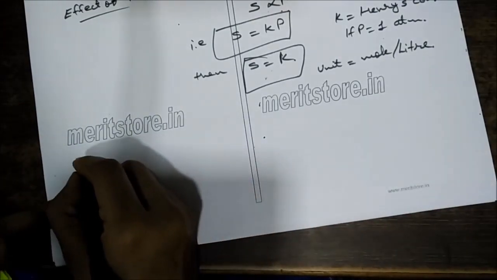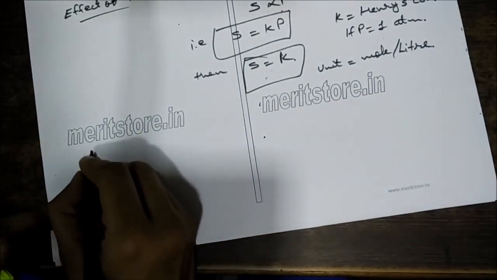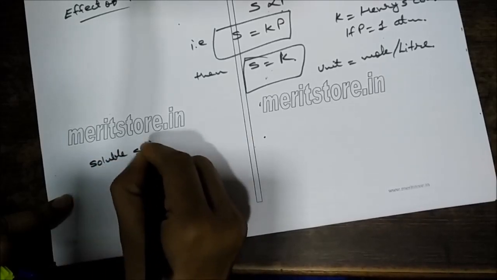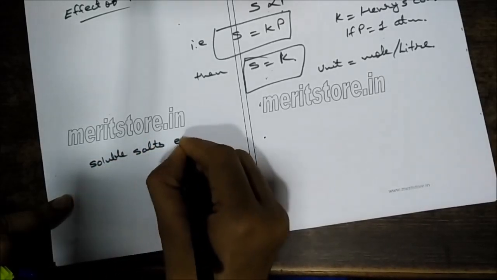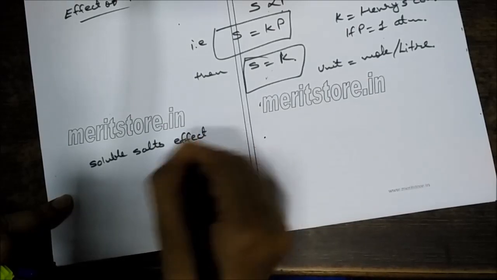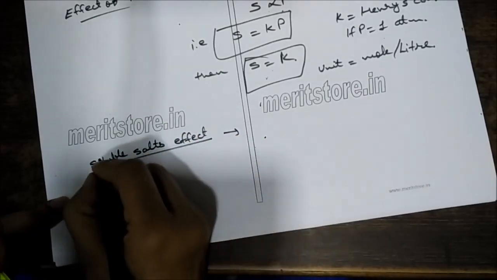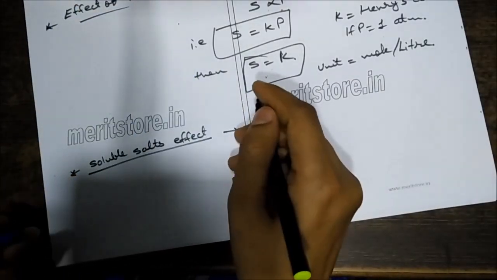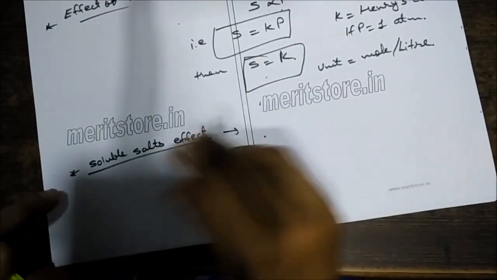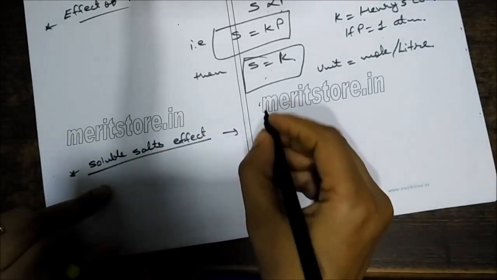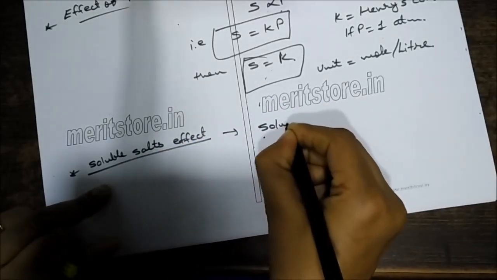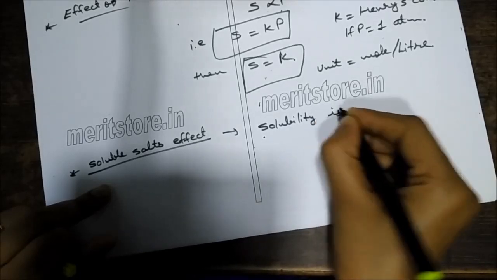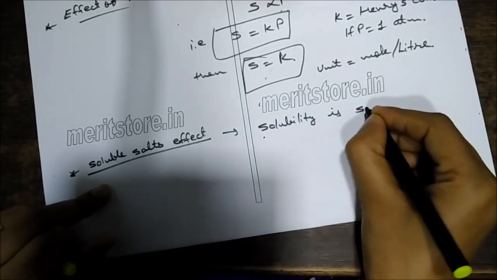Now the effect of addition of soluble salts. By adding soluble salts, the solubility is suppressed.